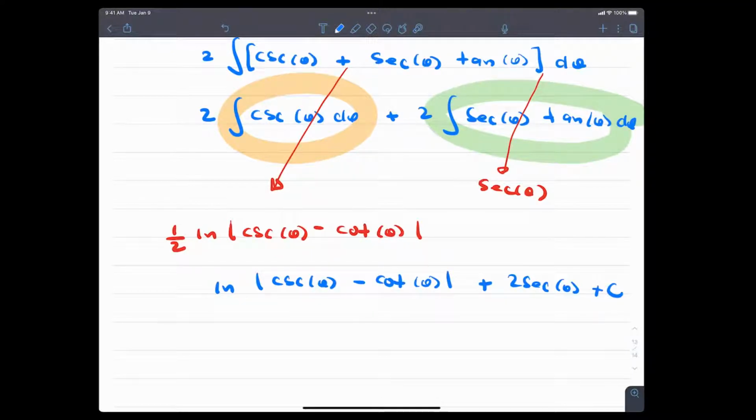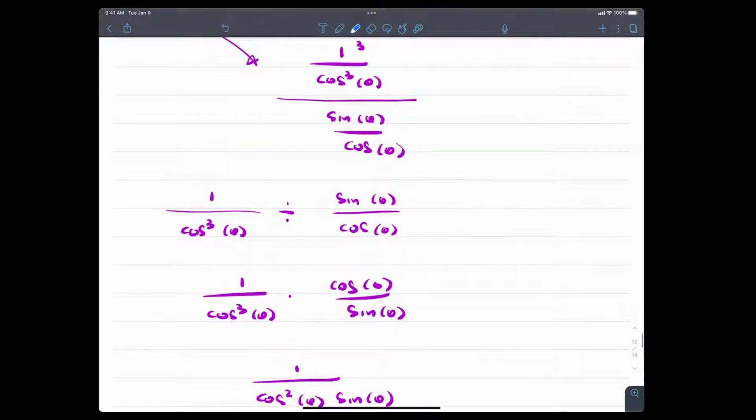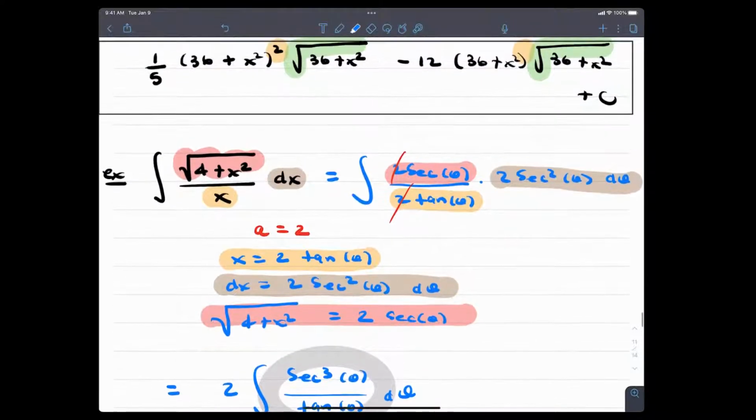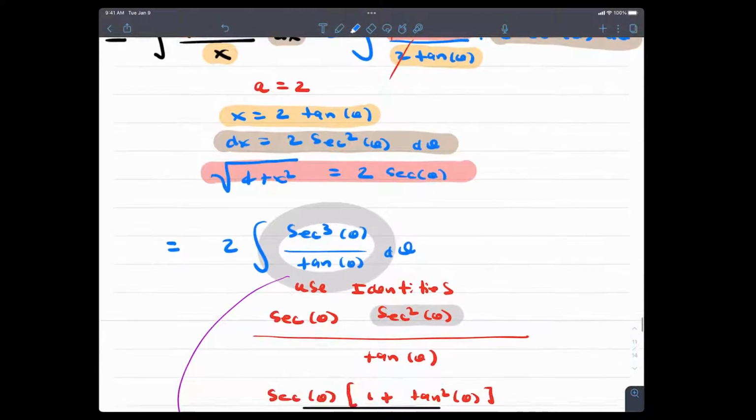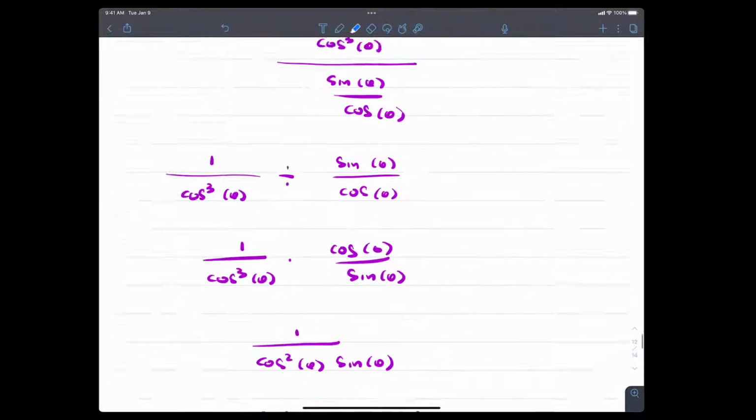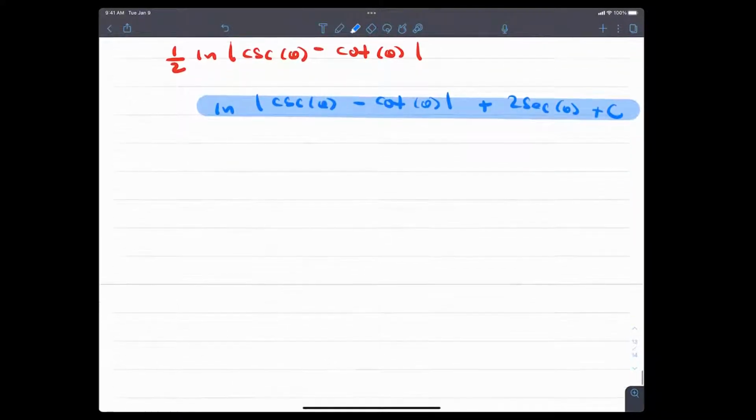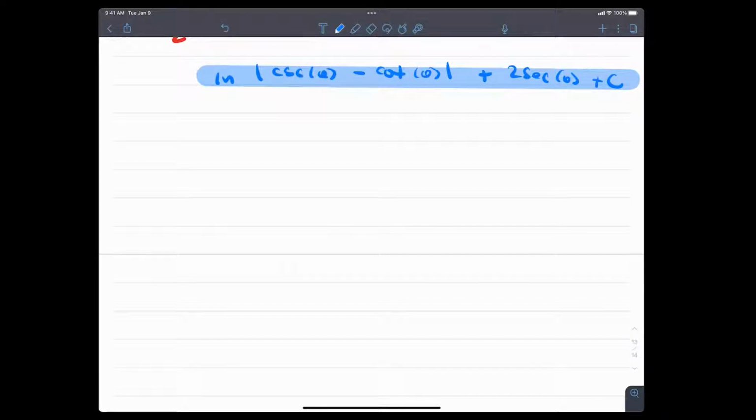And then you go, that's good to have this answer. But ladies and gentlemen, remember what we said to begin with. What was x, by the way? You have to go back to x is 2 tangent theta. So now we have to find what cosecant and cotangent and secant are. Since x is 2 tangent theta, that implies tangent theta will be x over 2.